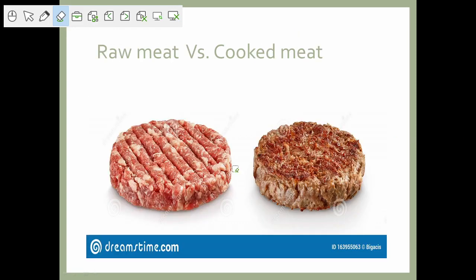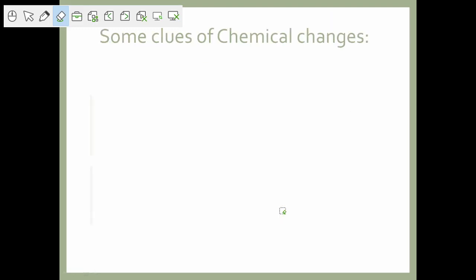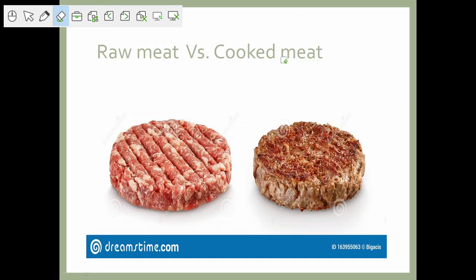Look here, they have different taste. And here also. This is different from the boiled, and the raw is different from the fried, right? Size, yes, we have different sizes.